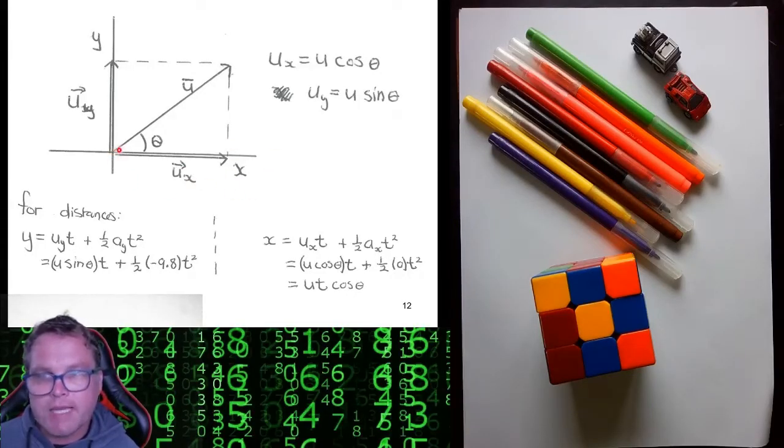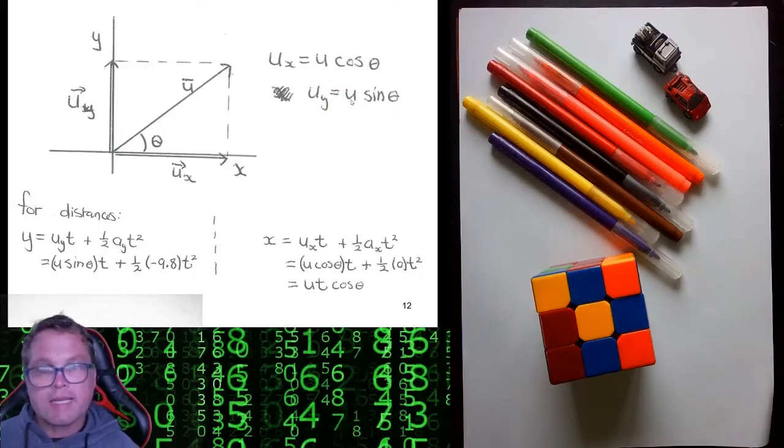Initially, we'll have some initial velocity vector as the projectile is shot, as the bullet is shot out of the cannon, or the angry bird is shot out of the catapult. It's shot with some initial velocity vector u, and then we'll break that into the x and the y components as shown here, using the cos and the sine terms.